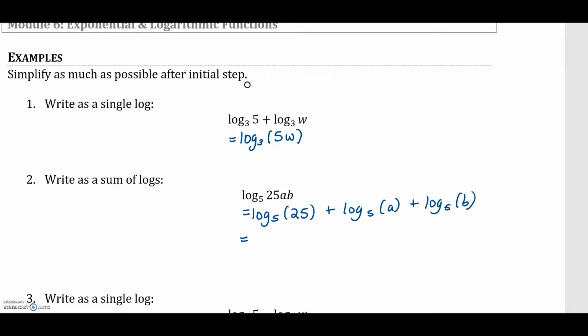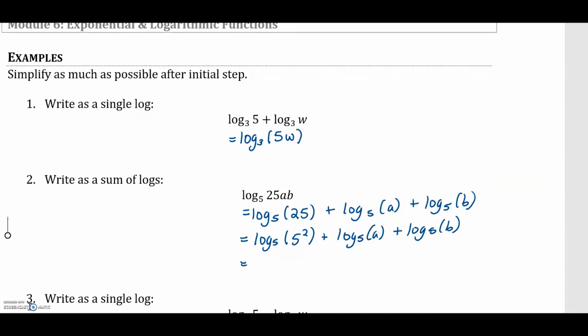Now the only term that can be simplified is the first one. So we have log of base 5 of 25, which can be rewritten as 5 squared, plus log of base 5 of a plus log of base 5 of b.